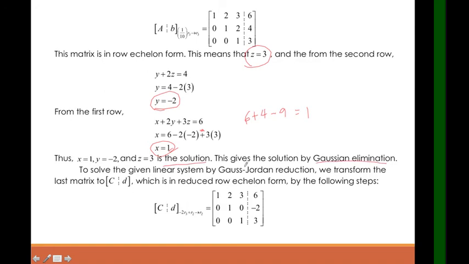To solve the given linear system by Gauss-Jordan reduction, we transform the last matrix C of D. Kung hindi natin gagamitin itong ginawa natin, at magtutuloy-tuloy tayo para ma-solve natin yan, pwede mong gamitin yung Gauss-Jordan reduction. Pero kung satisfy ka na dito, at pwede na natin solve, okay lang.